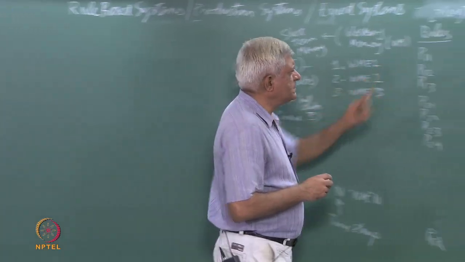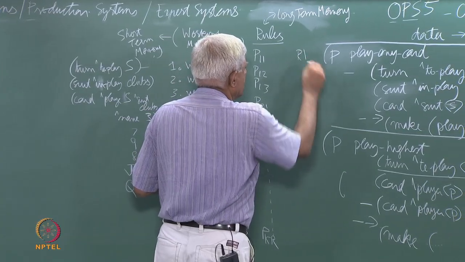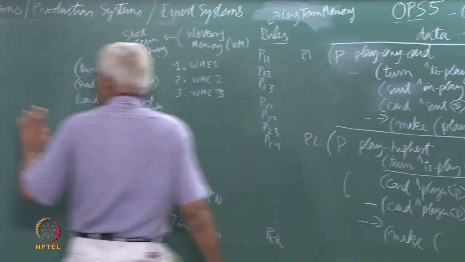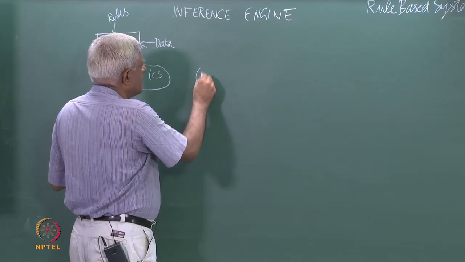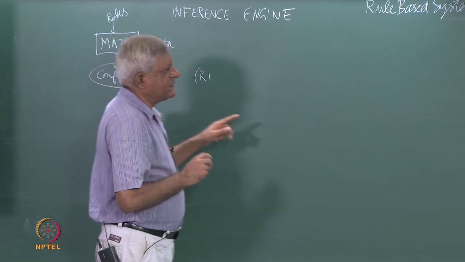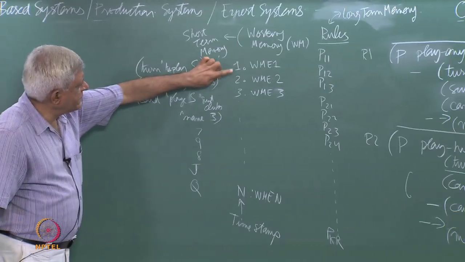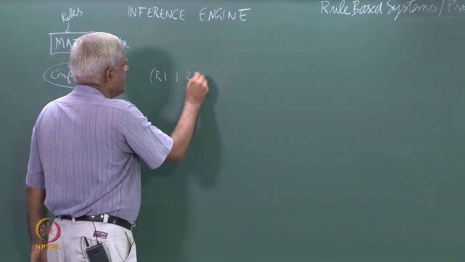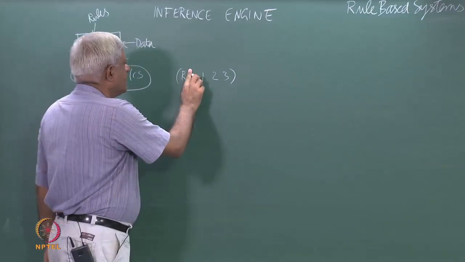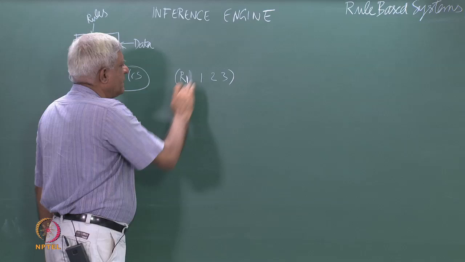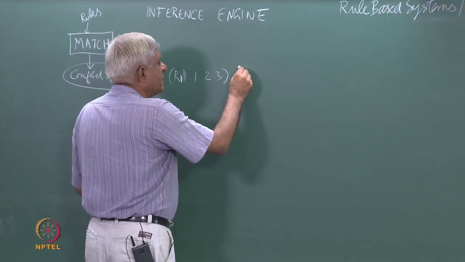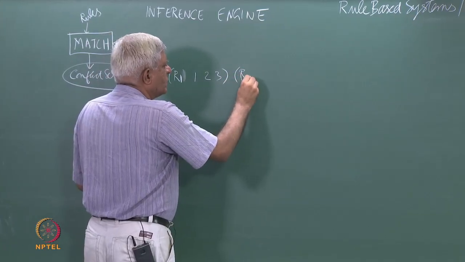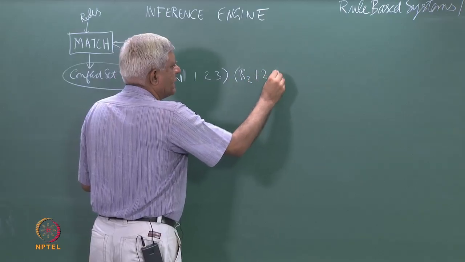So, if this is rule 1 and this is rule 2, then my conflict set will have something like rule 1 matches with first, second and third working memory element. Another entry into my conflict set would be rule 2 matches with 1, 2 and let us say 4.